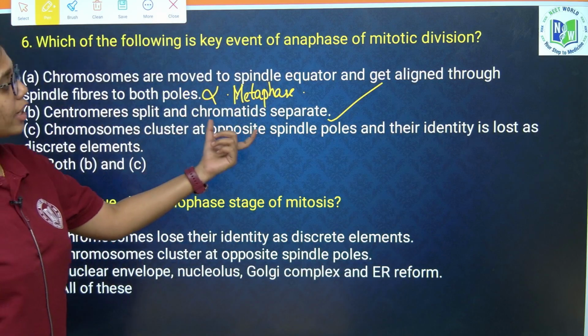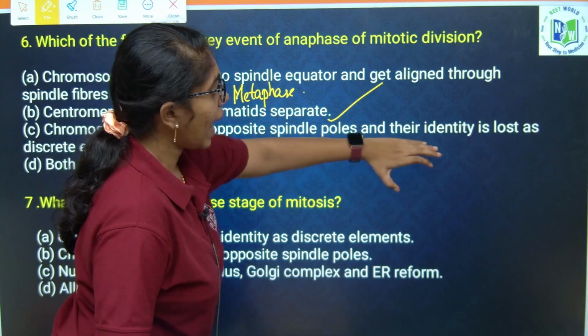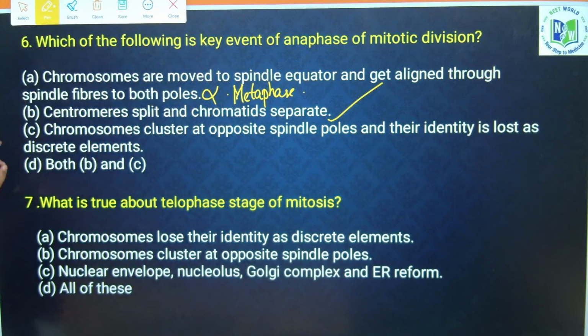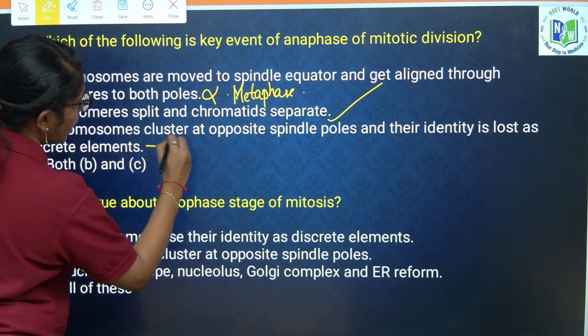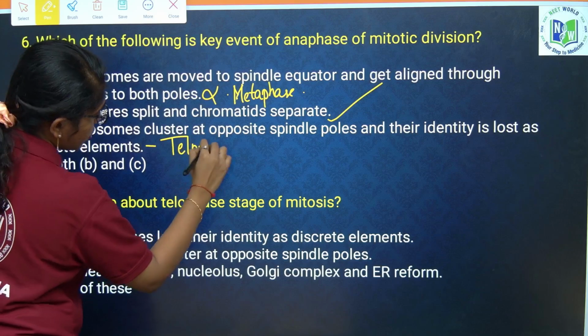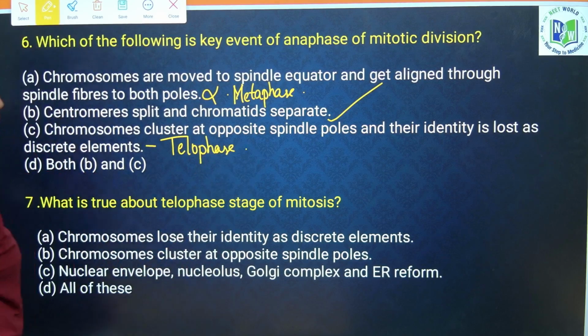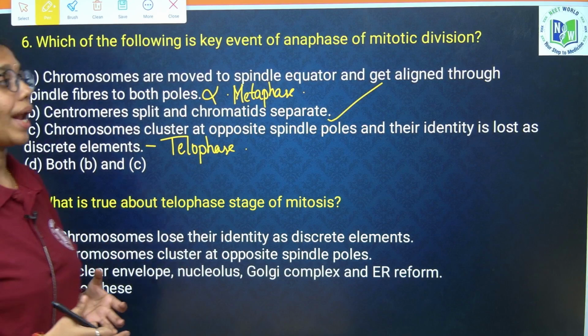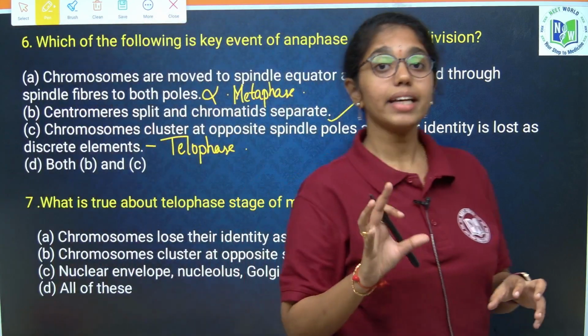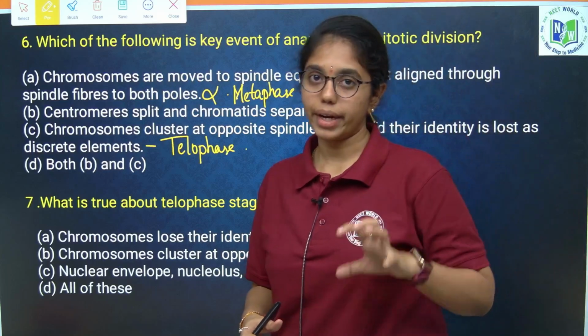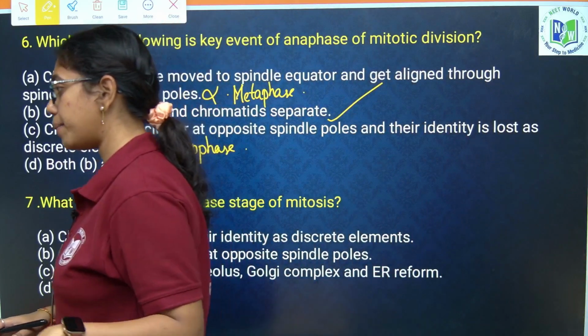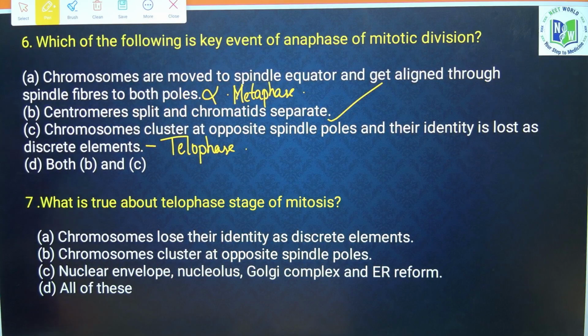Chromosomes cluster at the opposite spindle poles and their identity is lost as discrete elements. This happens in telophase, where chromosomes lose their identity and uncoil into chromatin, and the nuclear membrane and nucleolus reappear. So here the option will be B.